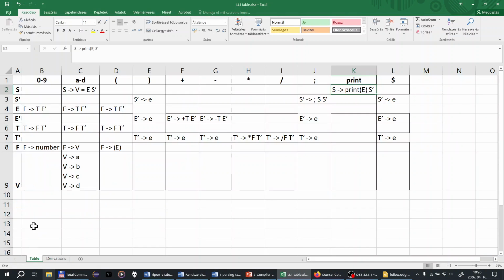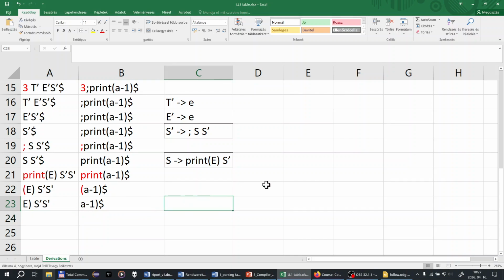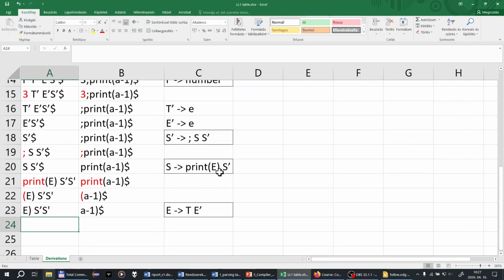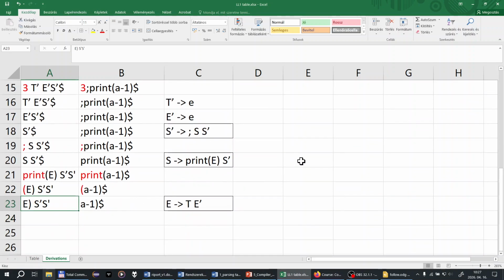So for the E and the letter we have TE prime. So start to derive it in the way we did with the numbers.